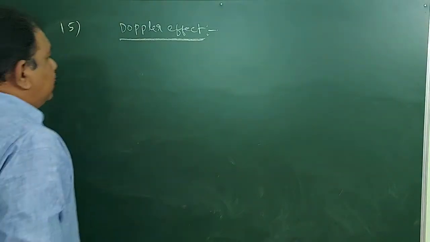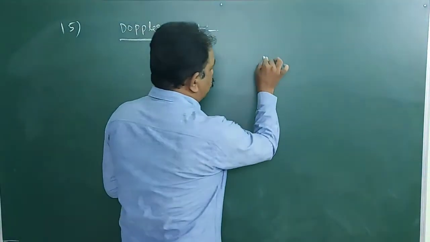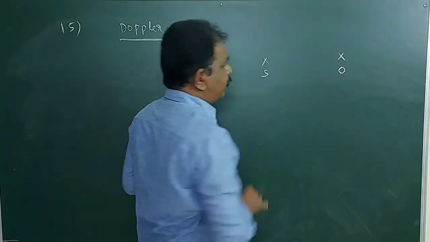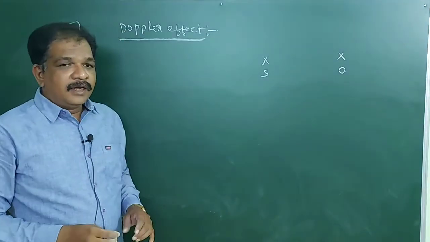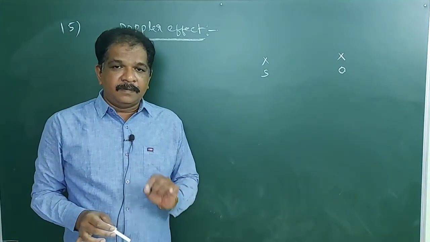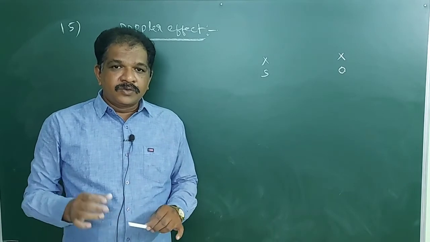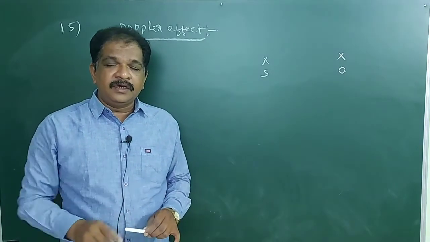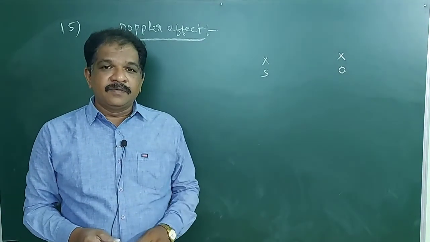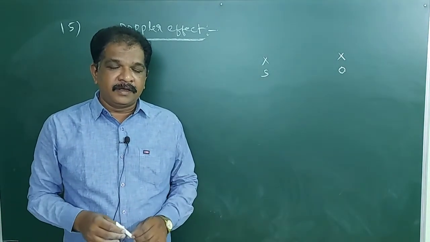Here the source will be there, here the observer will be there. The apparent change in the frequency heard by the observer, when there is a relative motion between source and observer, is called the Doppler effect.